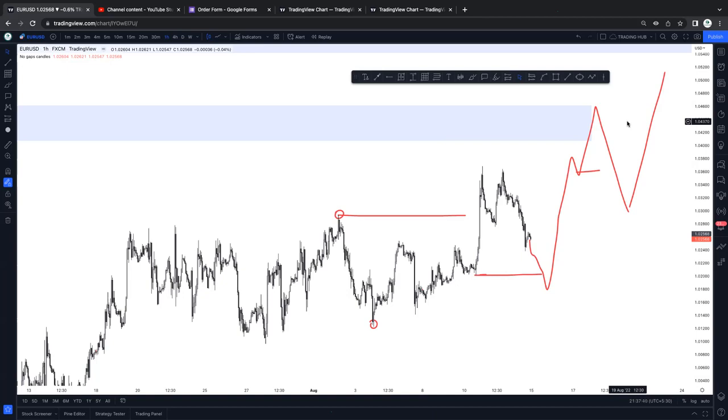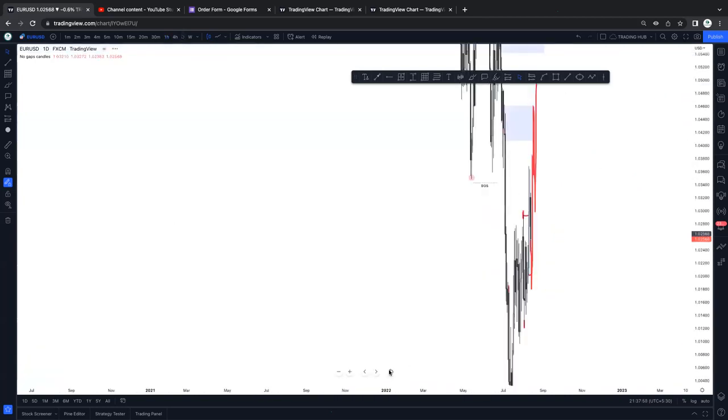Is it possible that price reverses down from the current level without touching the SMT trap? Yes, why not? Actually, sometimes what happens, let me show you on a daily chart.